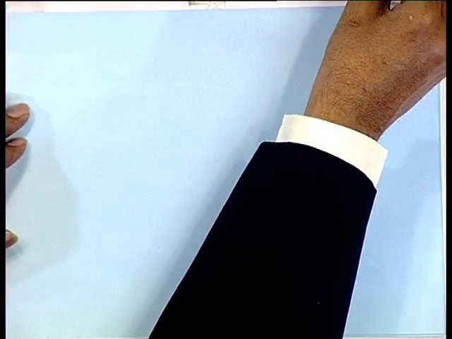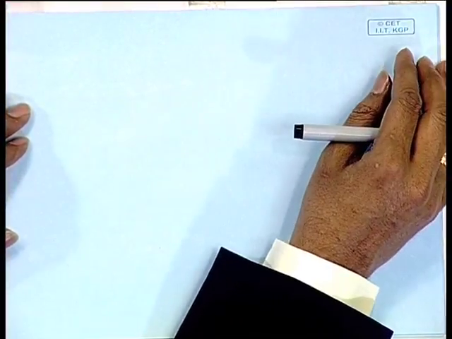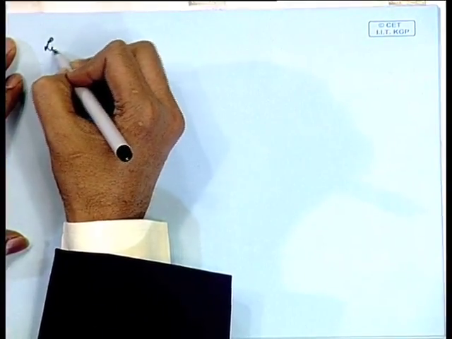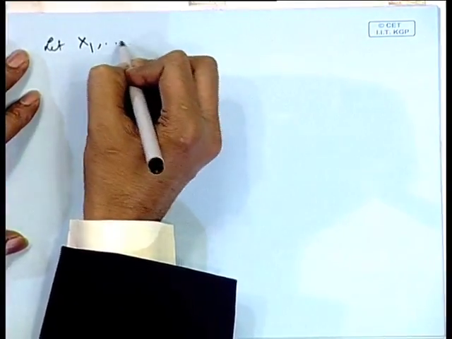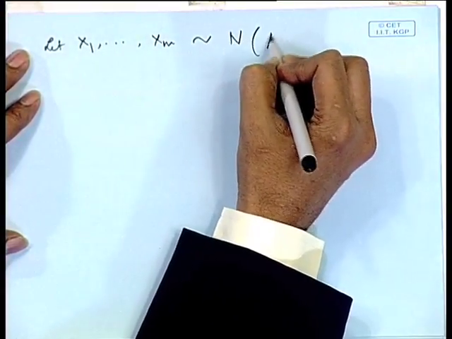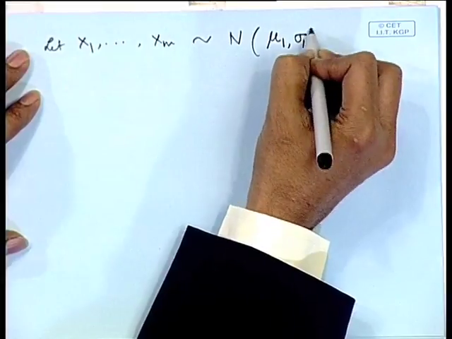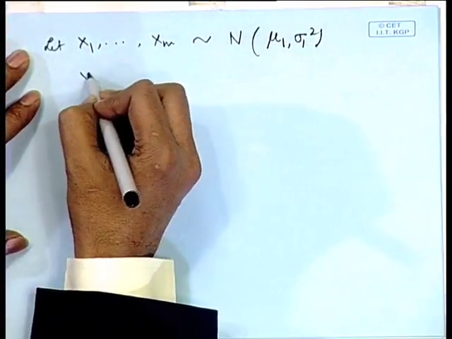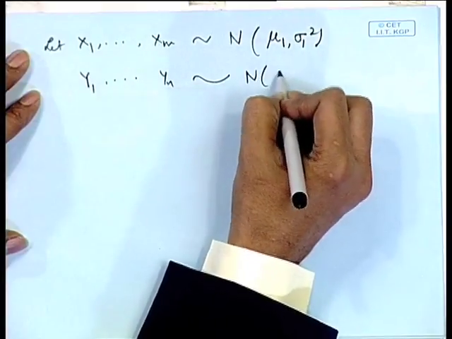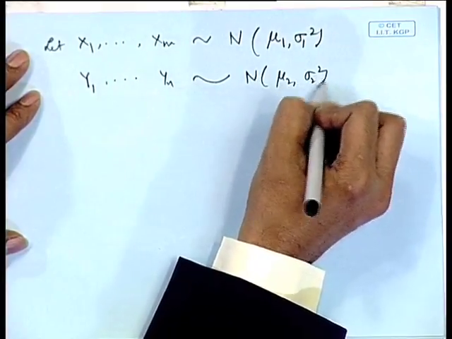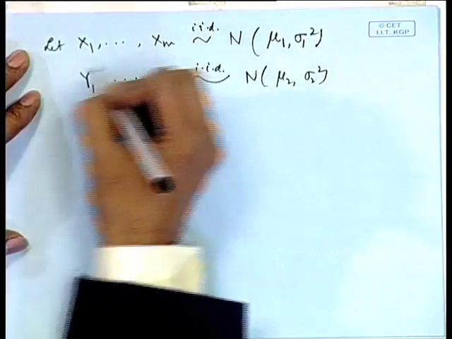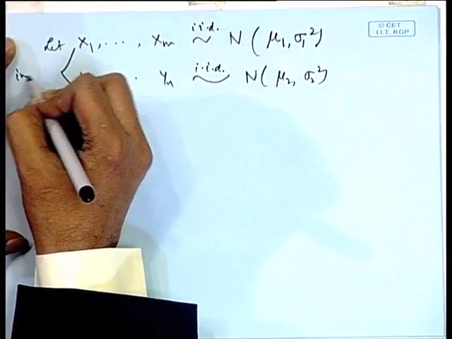Now, we look at how it arises in sampling. So, if we consider say a random sample x 1, x 2, x m following normal mu 1 sigma 1 square, and say y 1, y 2, y n be a random sample from normal mu 2 sigma 2 square. And also I assume that these samples are taken independently.